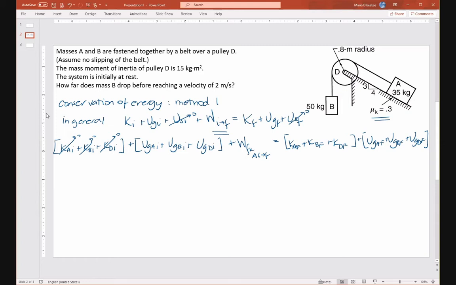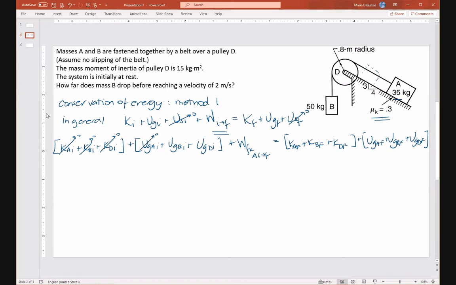Now, gravitational potential energy of block A. So this is our block A. It starts here, and then it ends up somewhere, let's say here. B starts here, and then it ends up somewhere down here. So now we need to call some point, some height, the 0 reference for block A. So you can call the initial position of block A the 0 reference for block A. So we could call this our 0 reference.